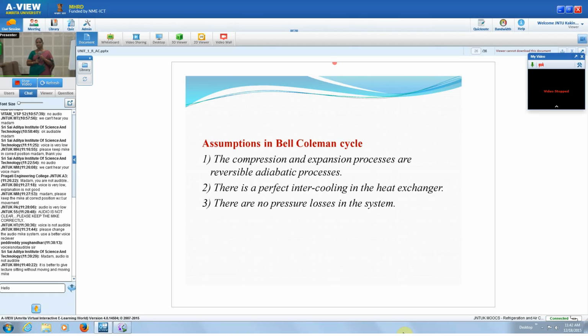Among the assumptions, compression and expansion processes are reversible adiabatic, that is isentropic, processes. In the actual case these are not isentropic but polytropic, which we will see later. There is perfect intercooling in the heat exchanger, assumed to be at constant pressure. Then there are no pressure losses in the system. These are the various assumptions in the Bell-Coleman cycle.